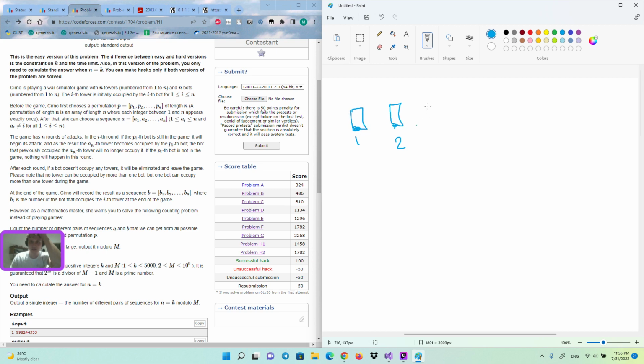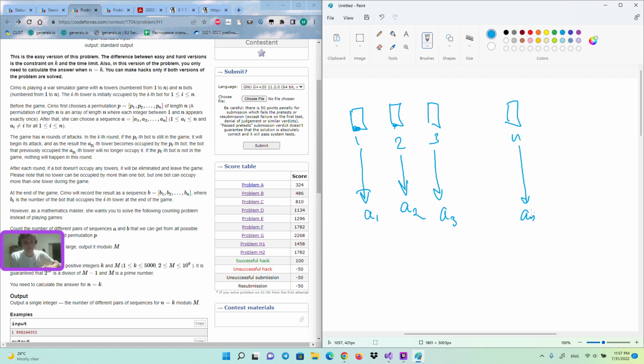So tower is a rectangle, and apart from that, each bot is aimed at a_ith tower. And we do it in the order of p_i's.